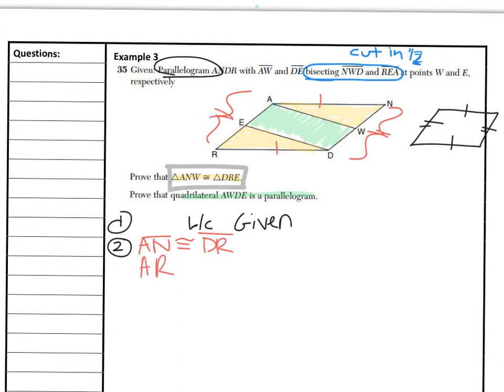AR is congruent to DN, and that's because opposite sides in a parallelogram are congruent. All right, cool.